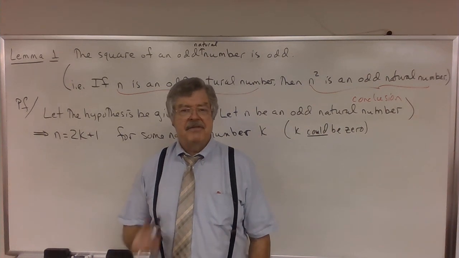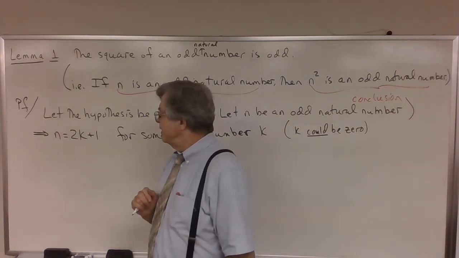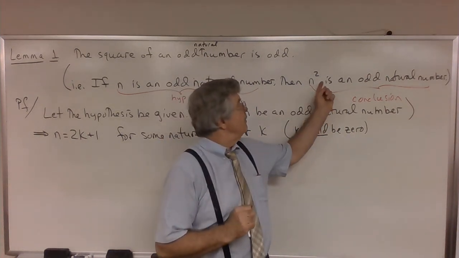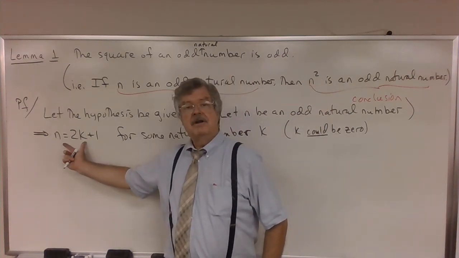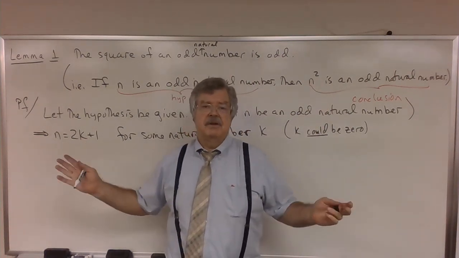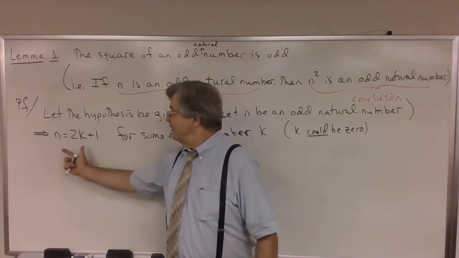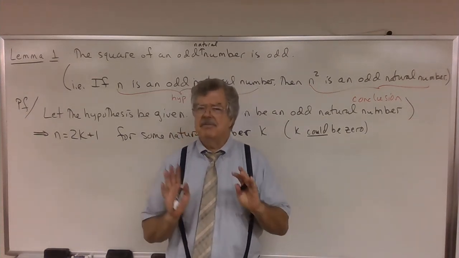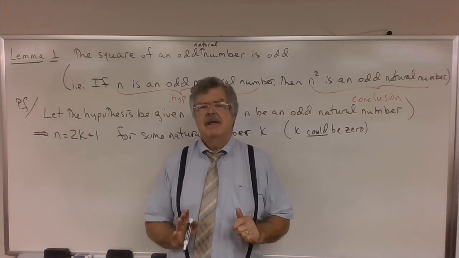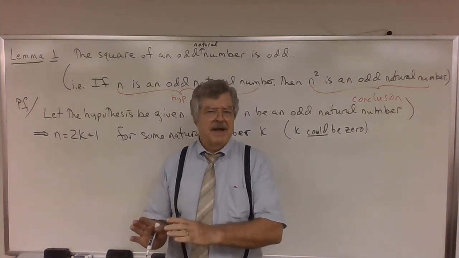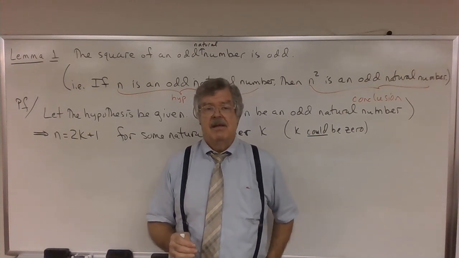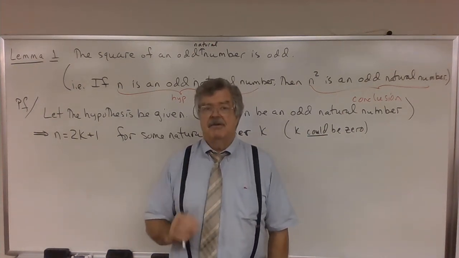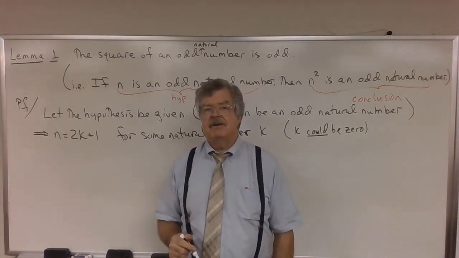So for lack of anything better to do, since I want to show that n squared is an odd natural number, I'm going to square n and just see what it looks like. If it doesn't turn out to help, it doesn't mean I did anything wrong. It just means that this was a good idea that just didn't pan out this time. But then again, it might turn out to be a good idea, so let's go ahead and do it.